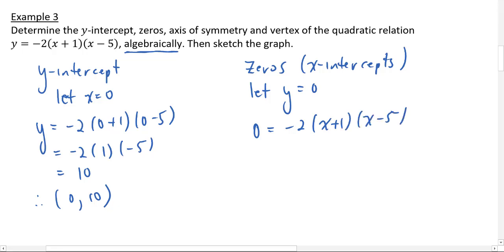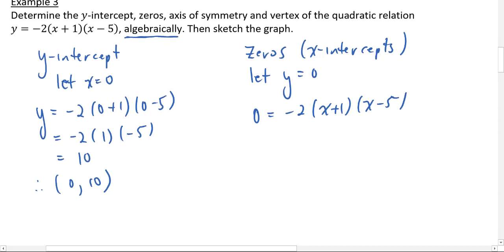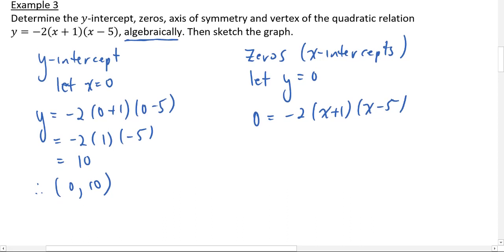We want to find out what values of x, if I sub it into this equation, will give me a y value of 0. And the best way to think about it is what value of x, if I put it into here or into here, will give me 0. So let's start with the first one, x plus 1.